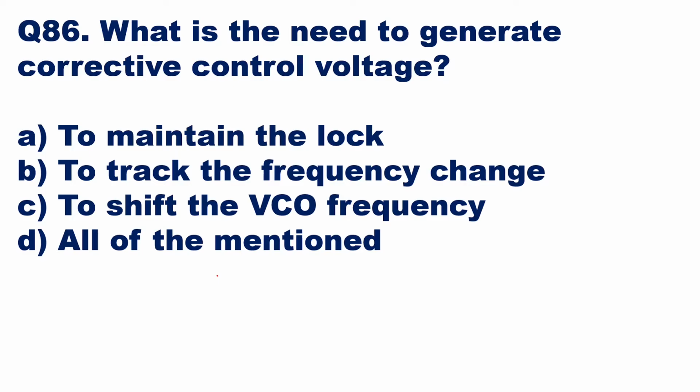So what is the need to generate the corrective control voltage is to maintain the lock, to track the frequency change, to shift the voltage control oscillator frequency, and the option D, that is all of the above mentioned. So here all of the above mentioned reasons are correct. So option D will be the answer here.